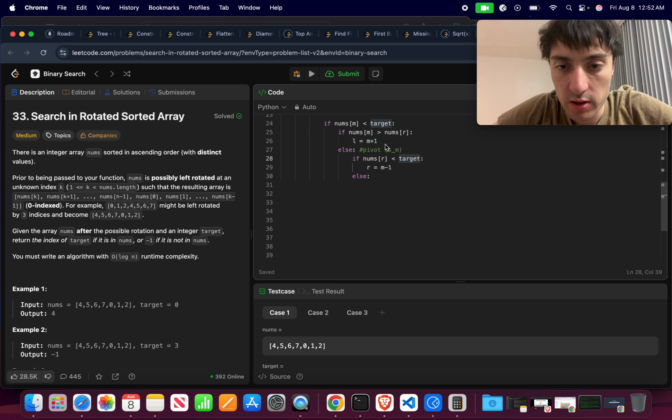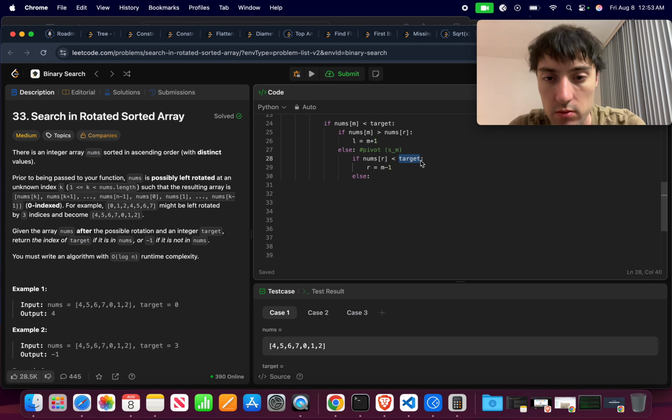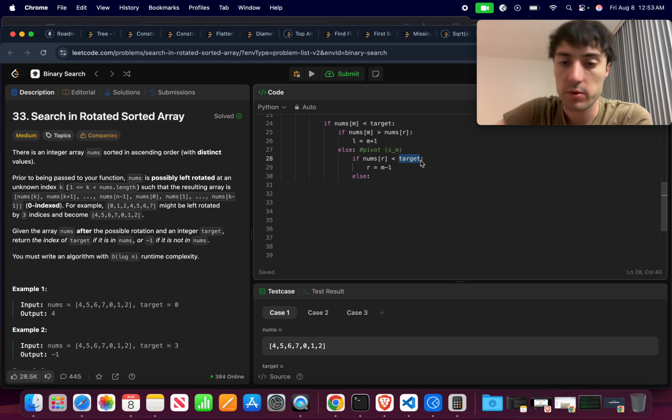And should I put target here or should I put M here? Like, should it be target or M? So let me just keep thinking about it.